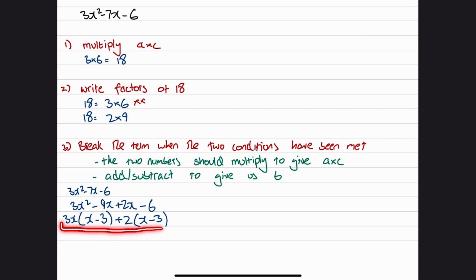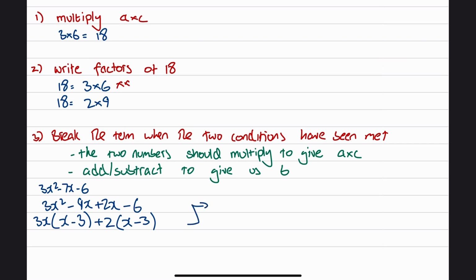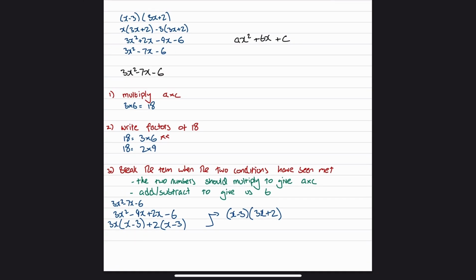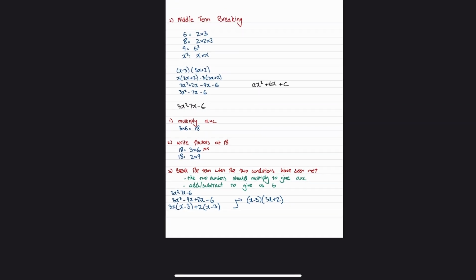And now this is one term and this is one term, and what's common in these two terms is the bracket x minus 3. So I can take x minus 3 common, and what I'm left with inside the brackets is 3x plus 2. And once we've gone back from this form, ax squared plus bx plus c, into two linear factors, we have successfully middle term broken it.